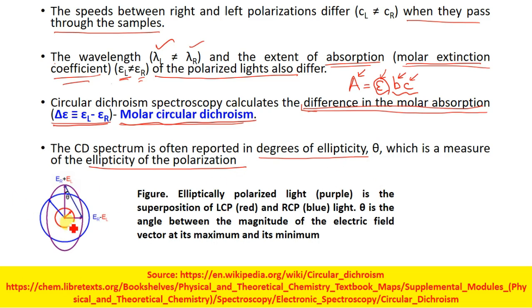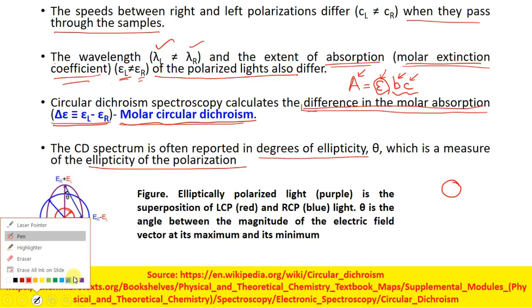Now suppose here this red one and this blue one are the primary circular lights.